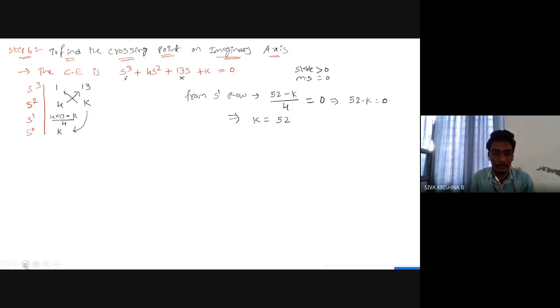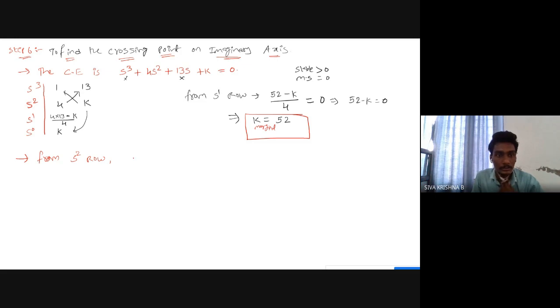So the k marginal value is 52. You can write it as k suffix marginal, then there will be clarity. So next, from the s power 2 row, you have to find the w value from the s square row. What is that? Anyone respond?